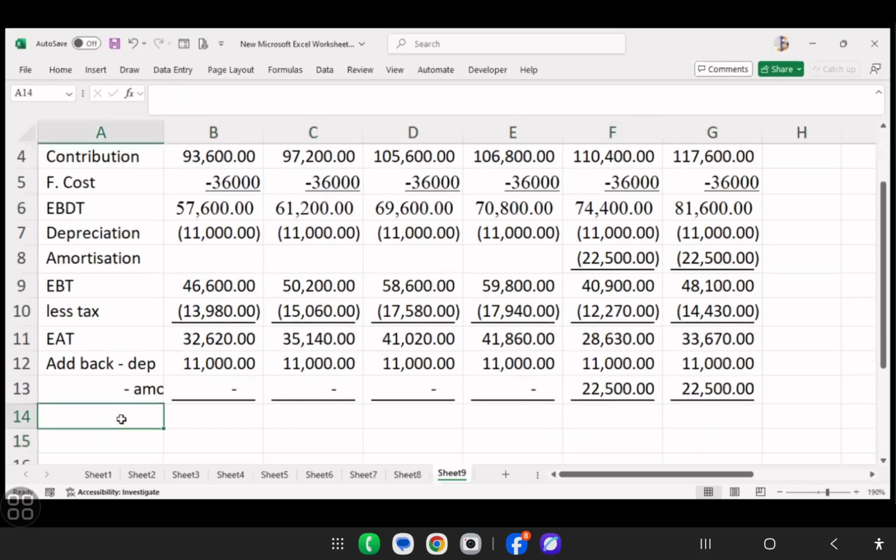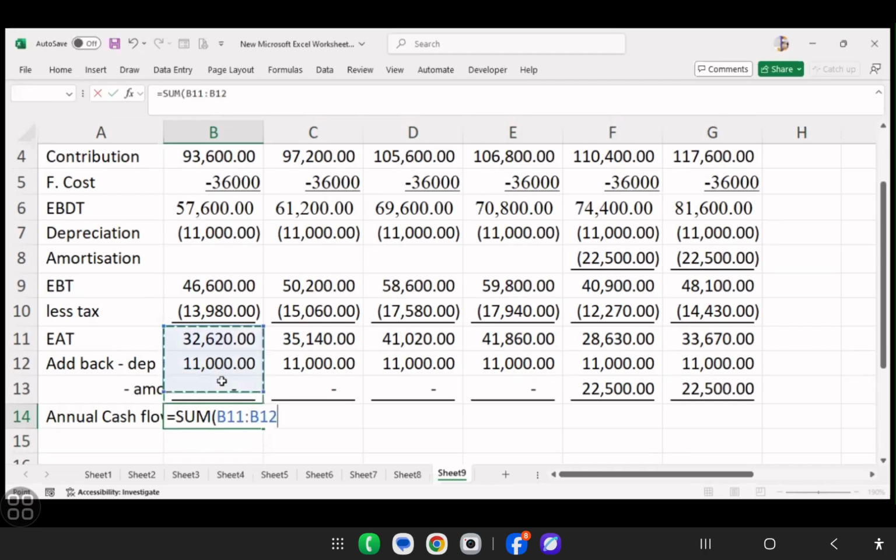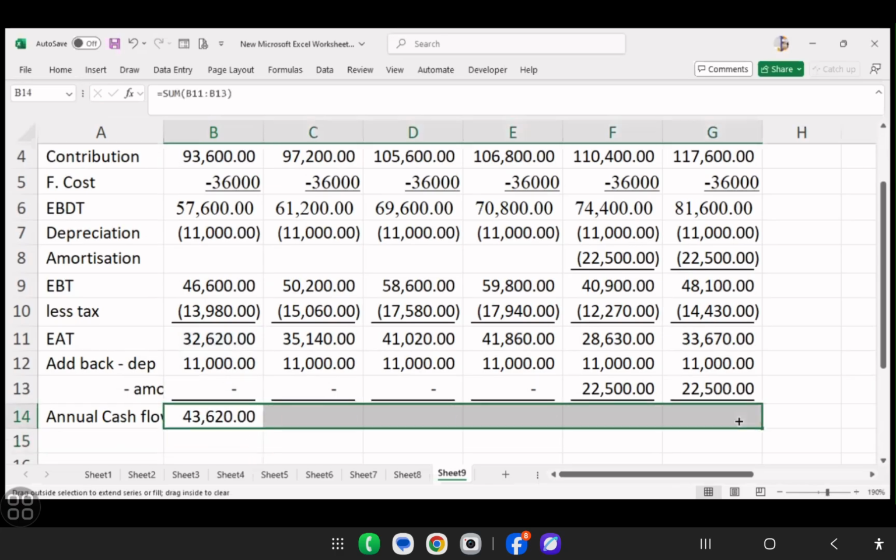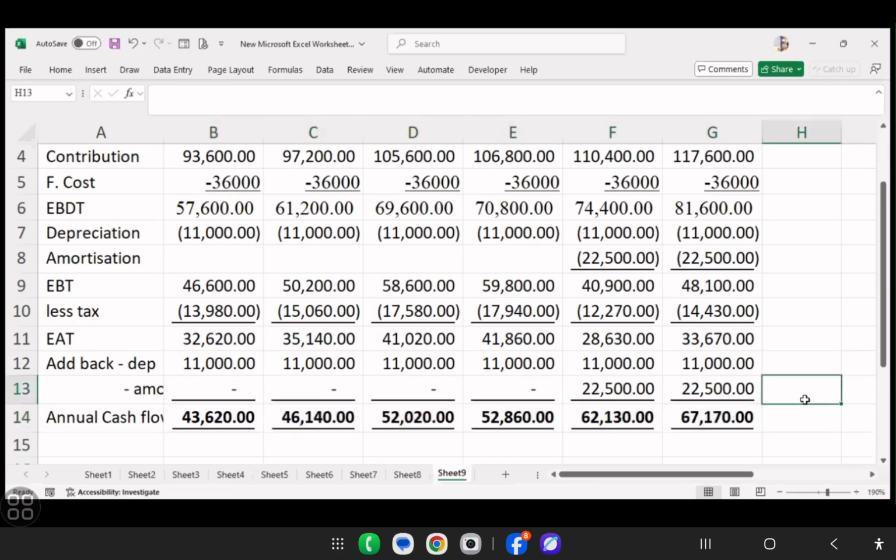So this is annual cash flows. The annual cash flow is equal to earnings after tax, add depreciation and amortization. This will give us the annual cash flows. That is the way to go about it.